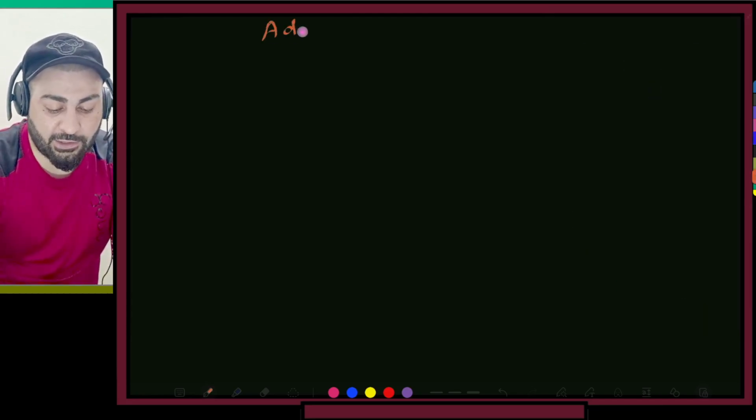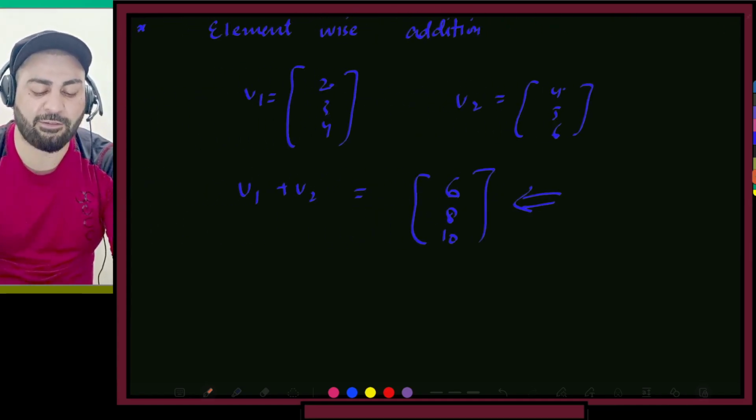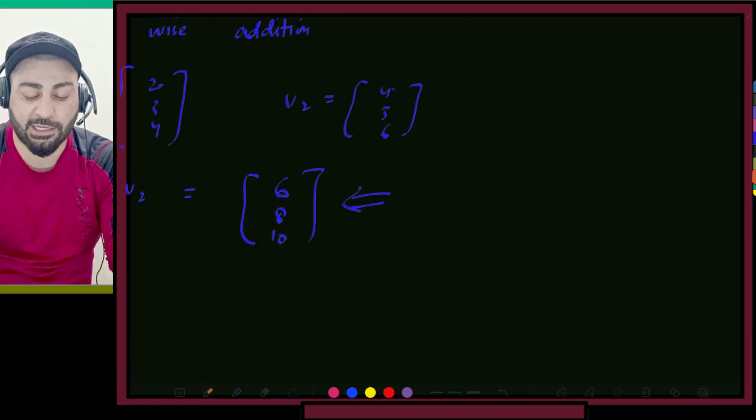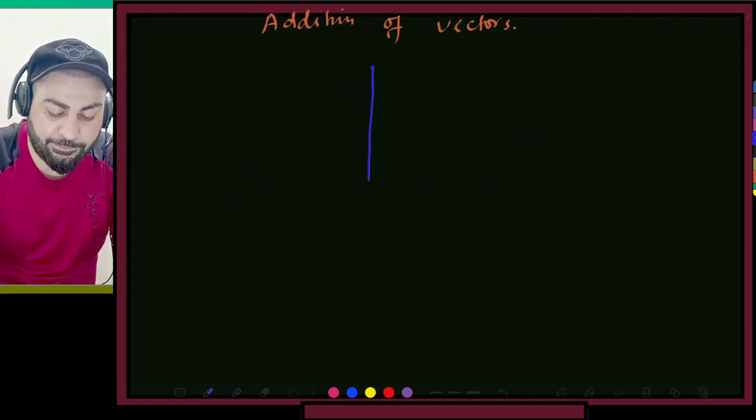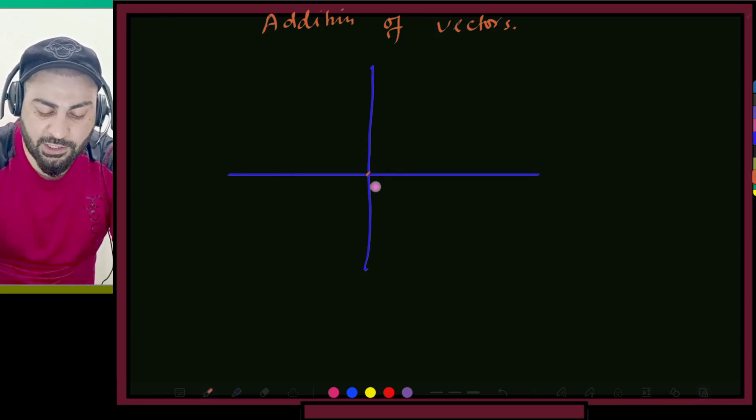Now we are learning about addition of vectors. The first thing I showed you is the direct mathematical way: if you have vectors, just add them element wise. Now suppose we are in 2D. This is our origin (0, 0).